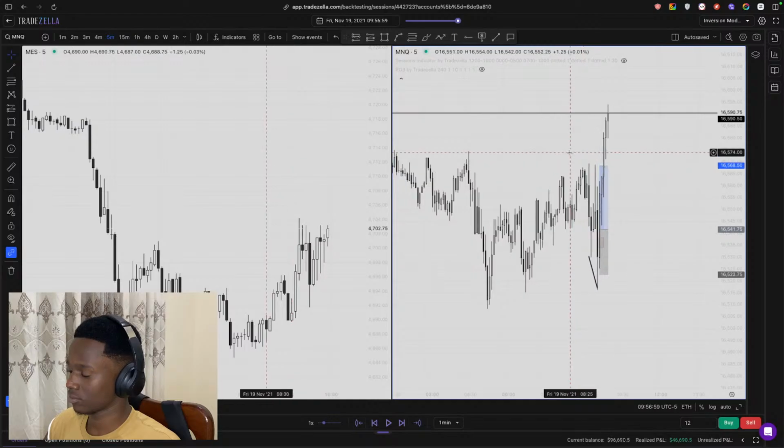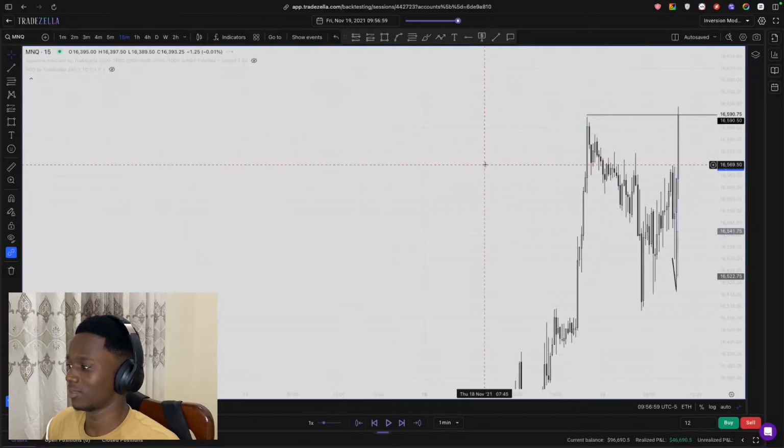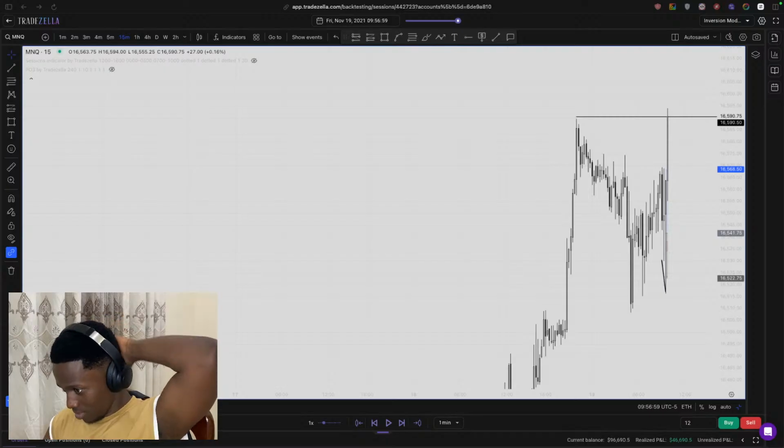Other good targets I could take would be this high here, which is so far on ES but also achievable on NQ. Oh, that's insane.